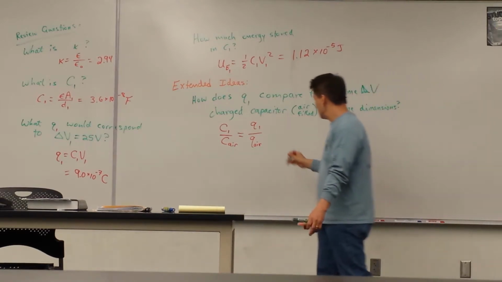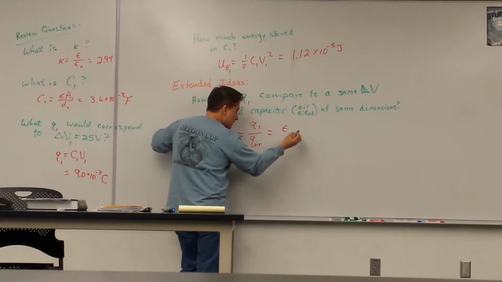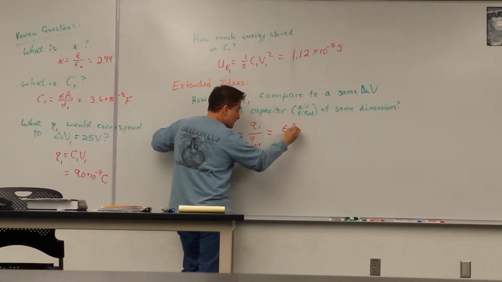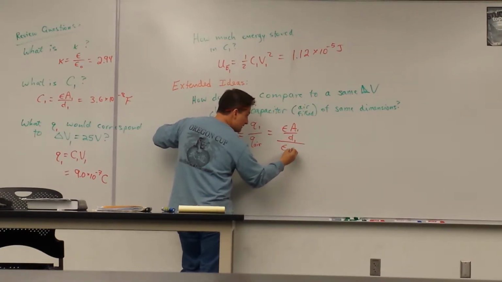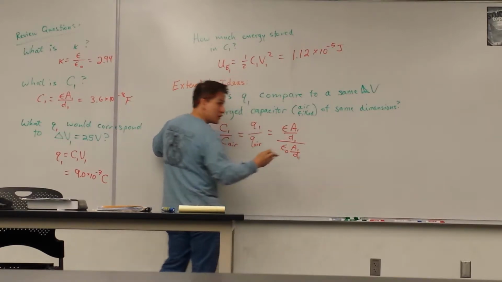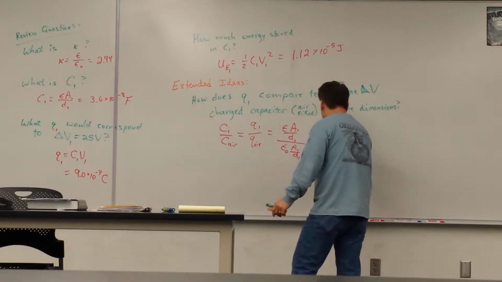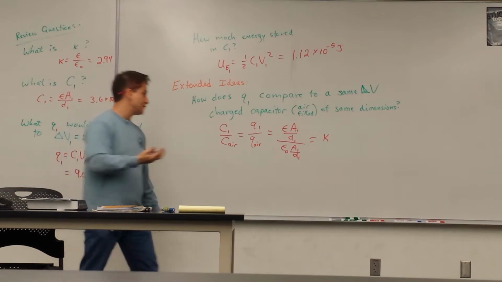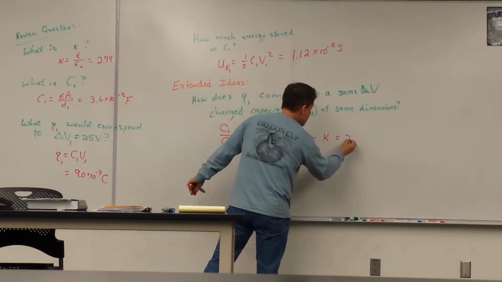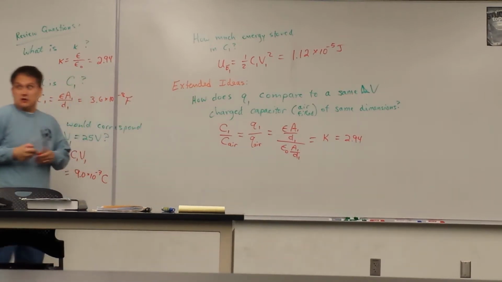It works, right? Which would be epsilon A over D divided by epsilon naught A over D. So I just call it this, which would correspond to the dielectric constant. Feel free to do the calculation, but you don't need to.